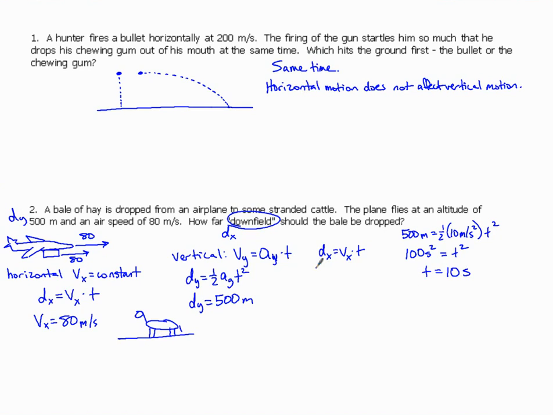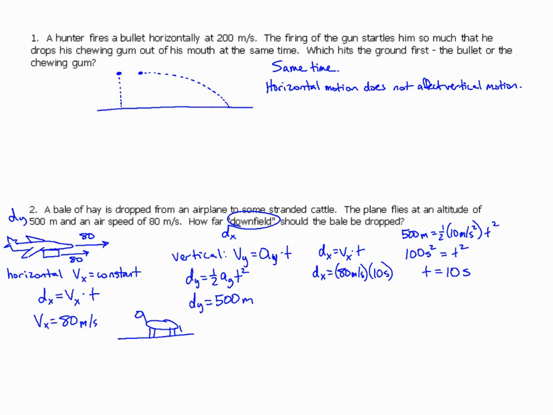So I come back to this formula. We know the horizontal velocity, it's 80. And we know how long it's going to be falling, which means we know how long it's going to be traveling horizontally before it hits the ground. It's 10 seconds.